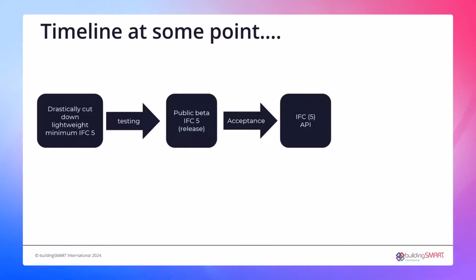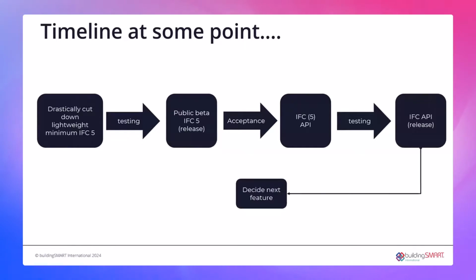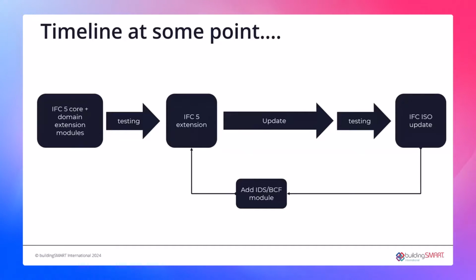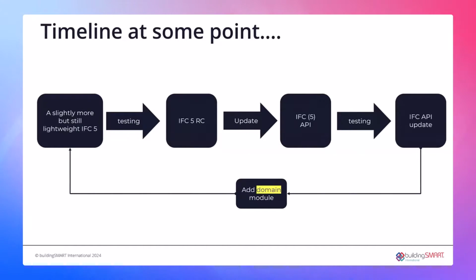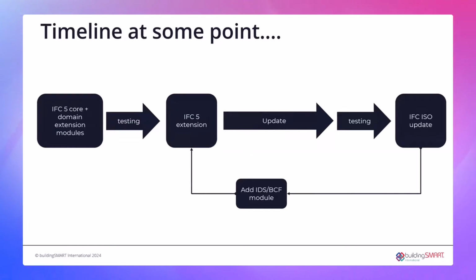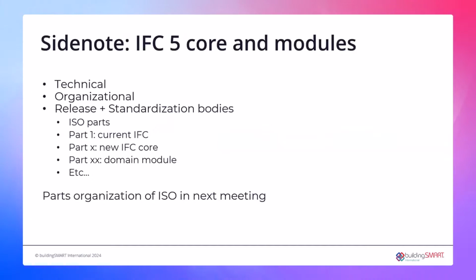If that's accepted, we can start thinking about an API, release that API, and then decide the next feature. Then we have a slightly more, but still lightweight version. I would really like to treat this as continuous development. We can add domain modules at some point, because someone wants to do a stationing extension. That's fine. And even IDS and BCF can be added later on. So let's do one thing at a time.